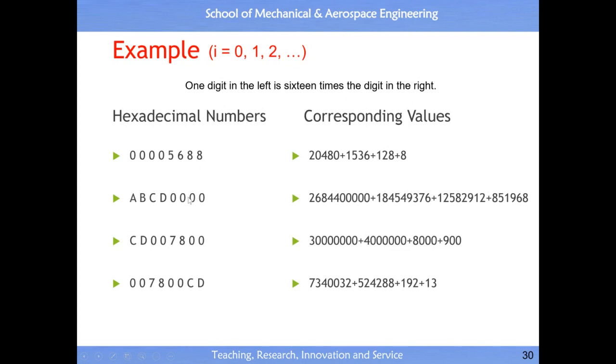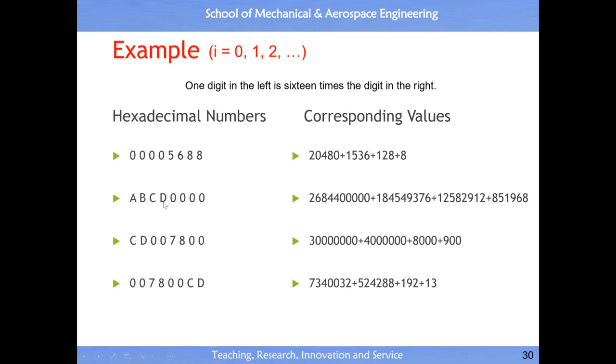So 10, then what is the position of this one? It is position 0, 1, 2, 3, 4, 5, 6, 7. Okay, so it's equal to 10 times 16 raised to the power 7. This is equal to 11 times 16 raised to the power 6. This is equal to 12 times 16 raised to the power 5.